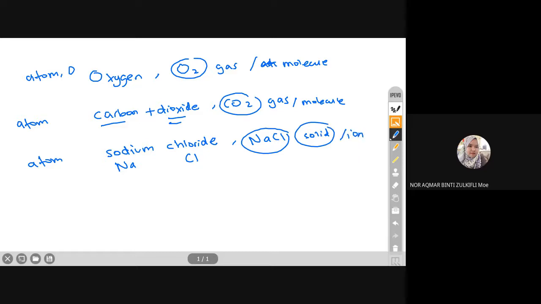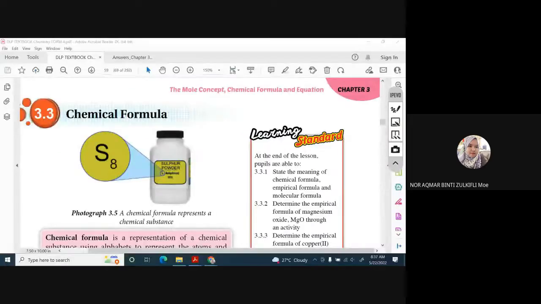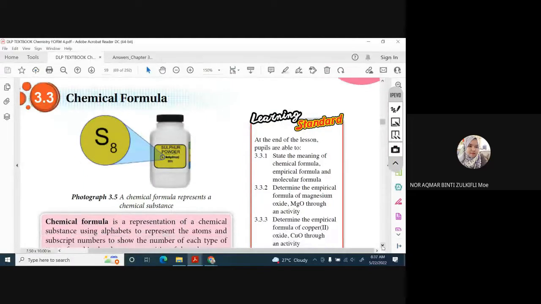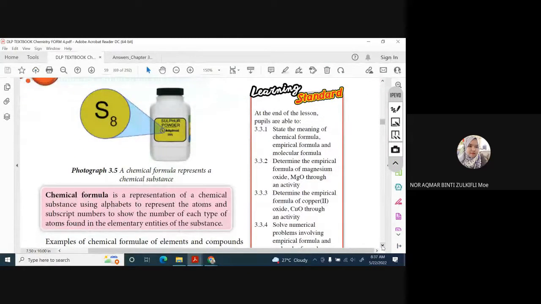So we will learn today about the naming, how to name it. Yesterday we learned how to calculate. Continue. We call it a chemical formula.